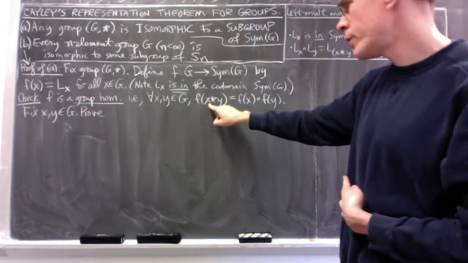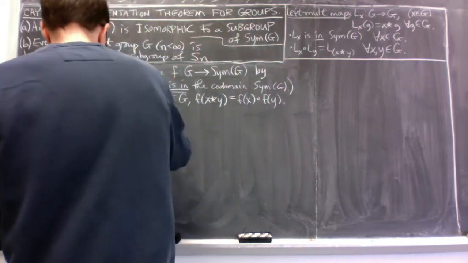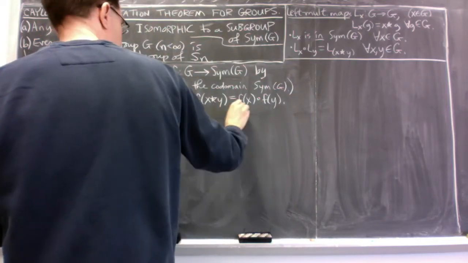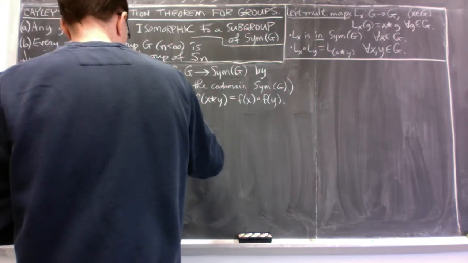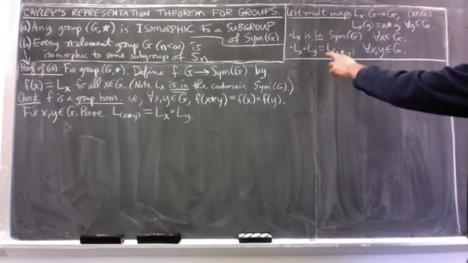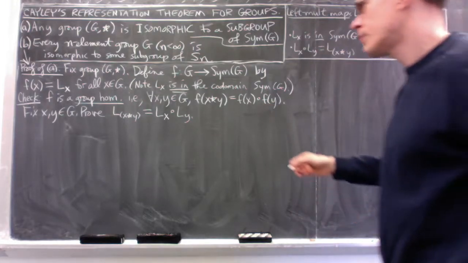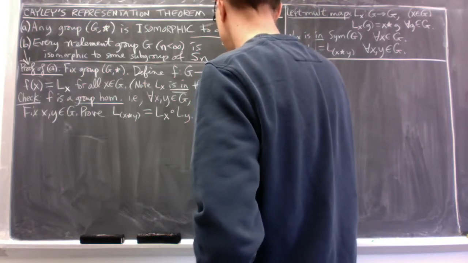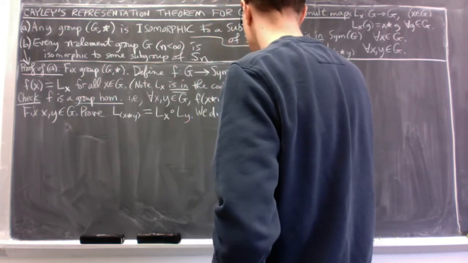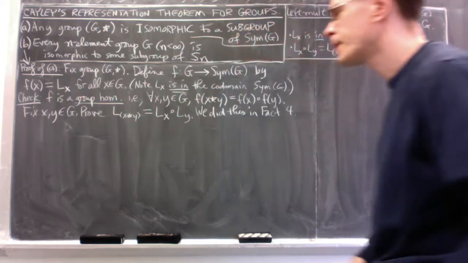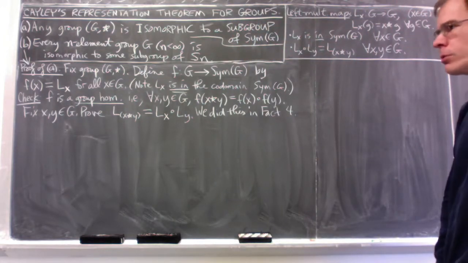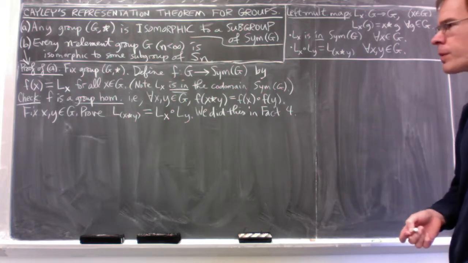We have to prove that L of x star y, which is this guy, is supposed to be L sub x circle L sub y, which is this guy. And we did that. That's the fact over there. I think it was fact 4, or what is this fact I just wrote on the board over here. All right, so the left multiplication maps correspond as shown. So we have a homomorphism.